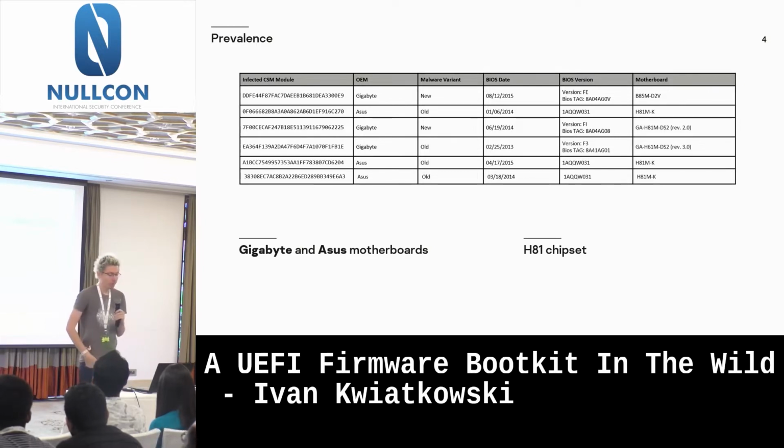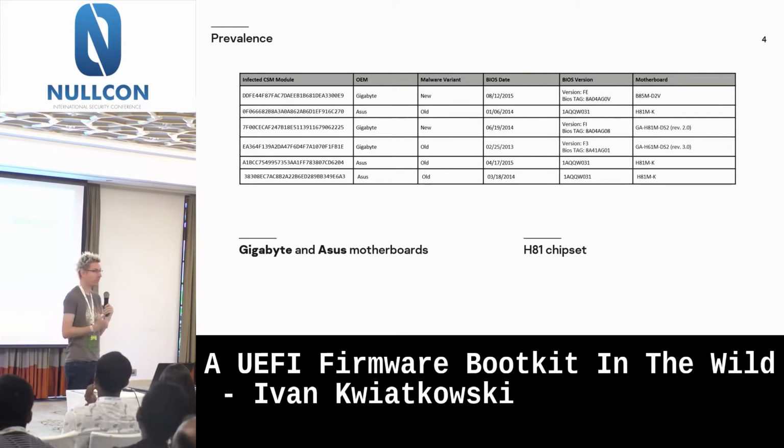All the implants that we have here introduce modifications in the existing benign CSM DXE drivers, and in that case, the entry points have all been patched in order to divert the control flow to a new region where new code has been appended to the driver by the attacker.